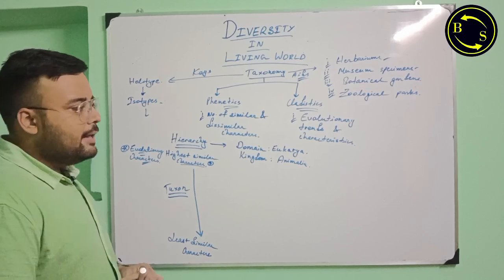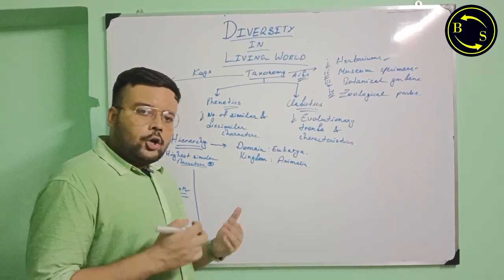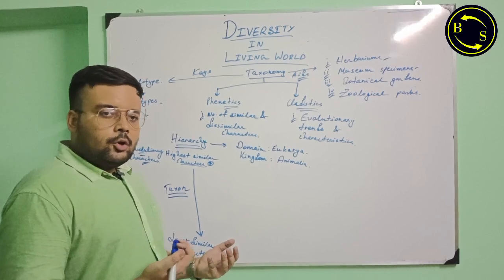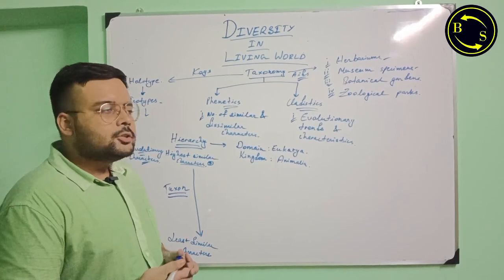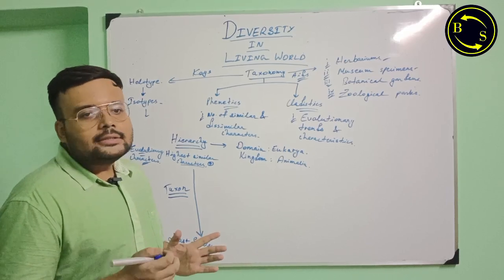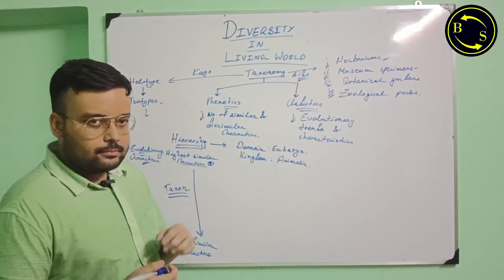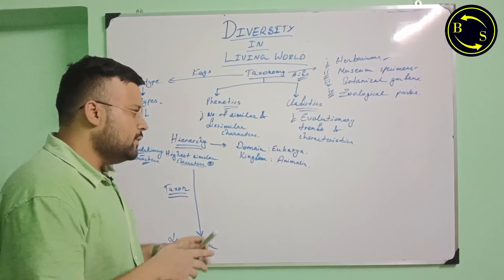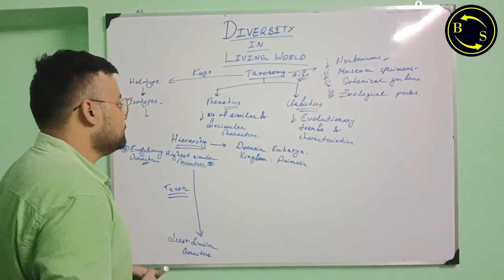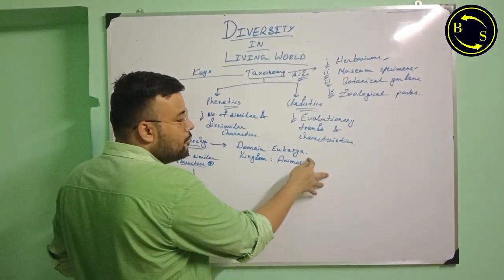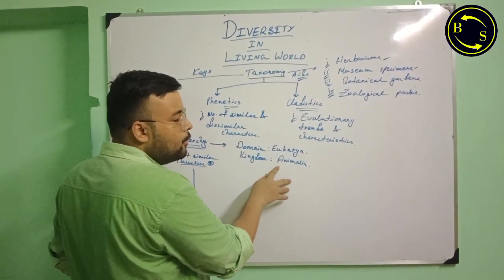Next is Animalia. A dog is an animal, so it is similar to all animals. It has the basic features that are required to call an organism an animal. What are those? We will come to that in a later part. First, let's understand this. From Eukarya, we have jumped into Animalia.